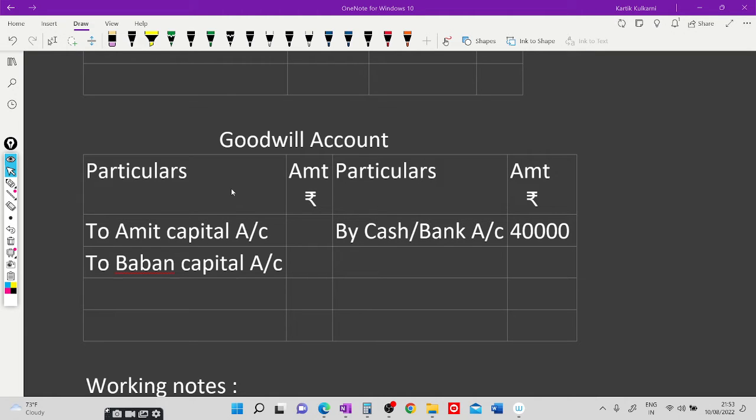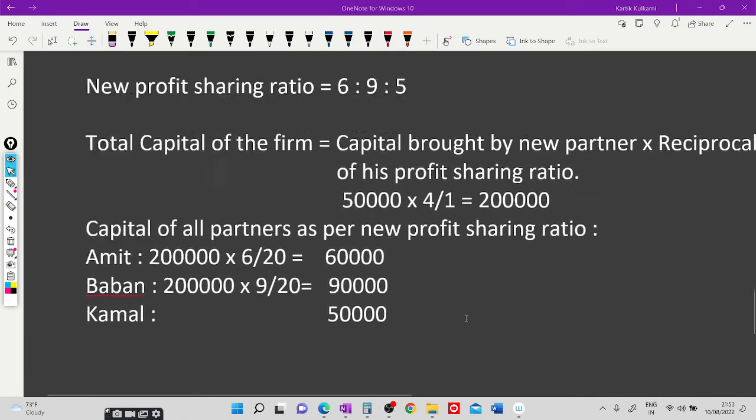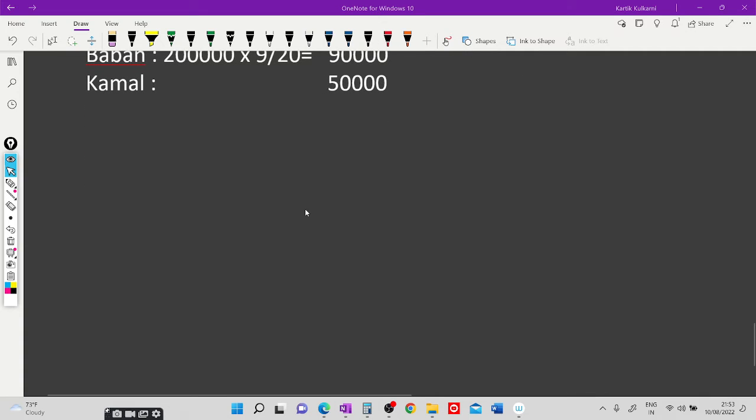So the goodwill will be transferred to old partners in sacrifice ratio, and sacrifice ratio is old ratio minus new ratio. But since no separate new ratio is given in the problem, the sacrifice ratio will be the same as old ratio. So old ratio is 2:3, hence sacrifice ratio will also be 2:3.